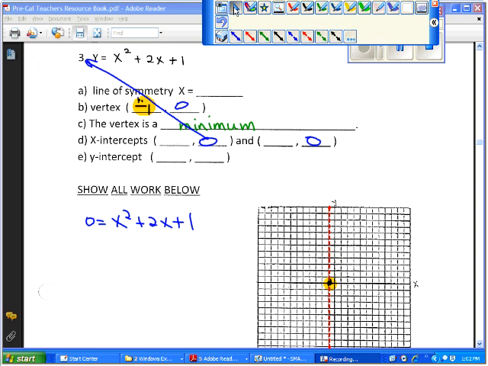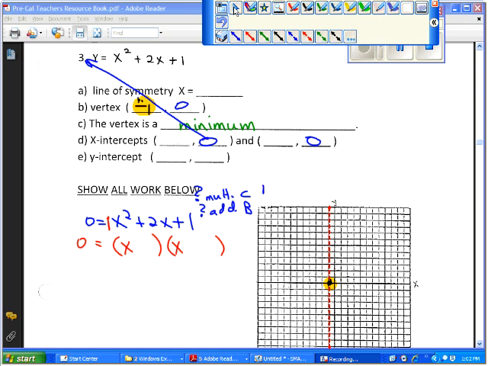But if a is 1, we just go ahead and write it down like this. And we go ahead and put x, because there's not going to be a 2 on the x or anything. If a is 1, it's just going to be x and x, not a 2x or a 3x. We think, what do you multiply to get c and add to get b?